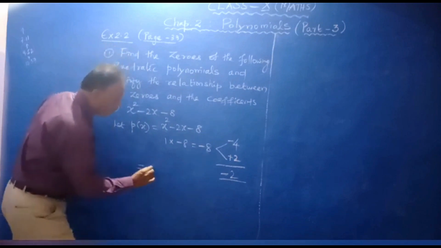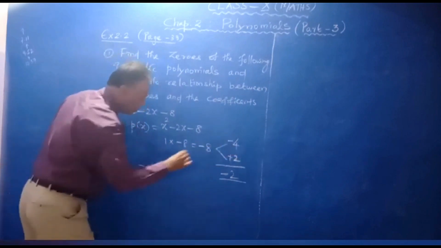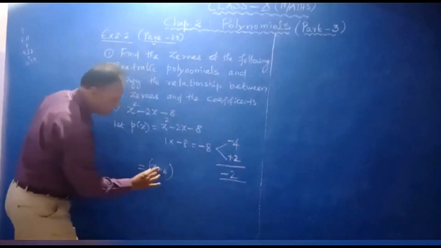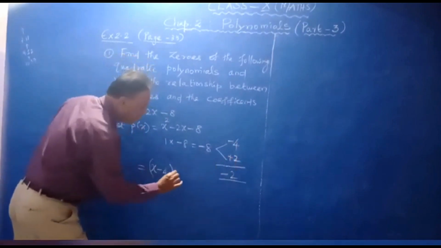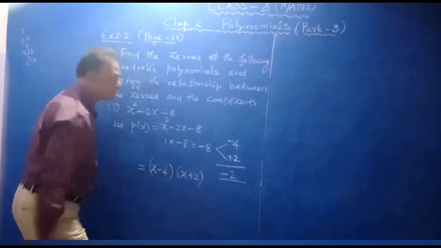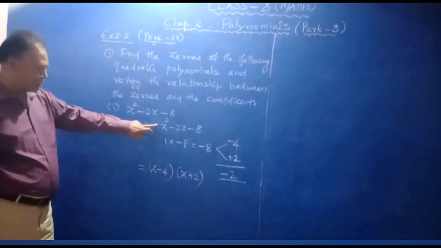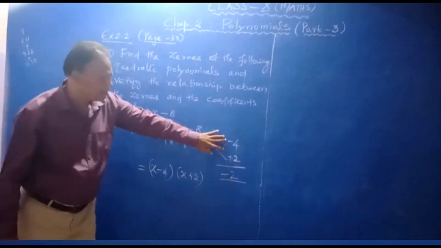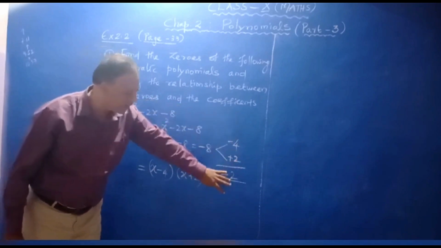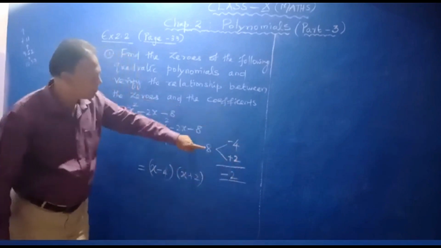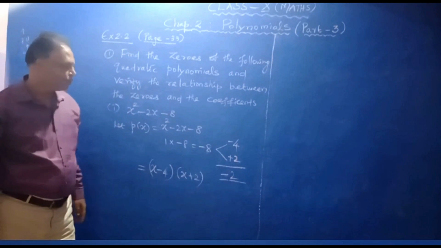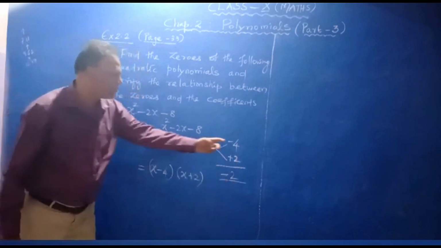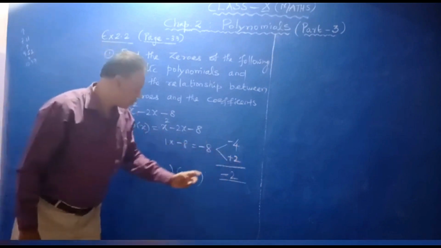Okay, so minus 4: you take x minus 4, whatever sign is there as it is, and x plus 2, that's all. Check it properly. Adding gives minus 2 and the product is minus 8. Clear? Both sides should be satisfied. So straight away you can write x minus 4 into x plus 2.